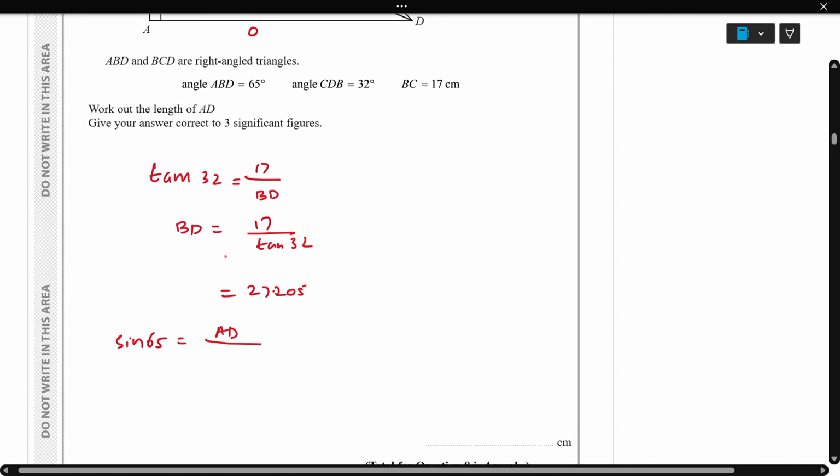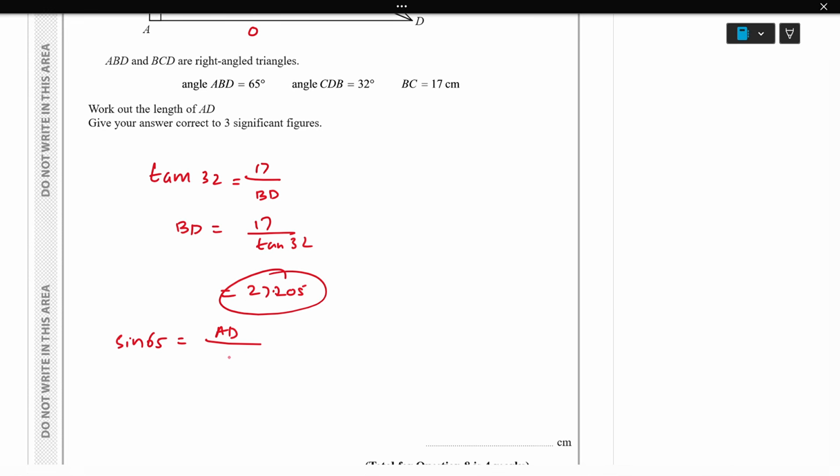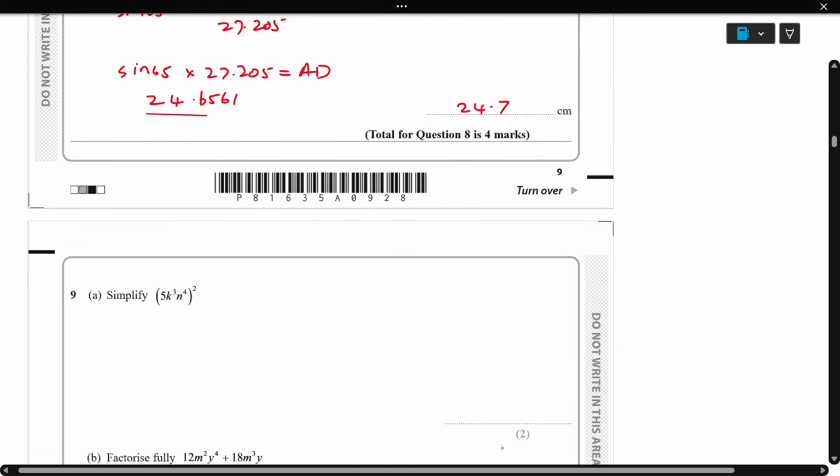BD we already found, we have 27.205. So sine 65 times 27.205 is AD. When we calculate, we will get 24.6561. The question is given in 3 significant figures, so we need to round it to 3, which is 24.7. That is the answer here.